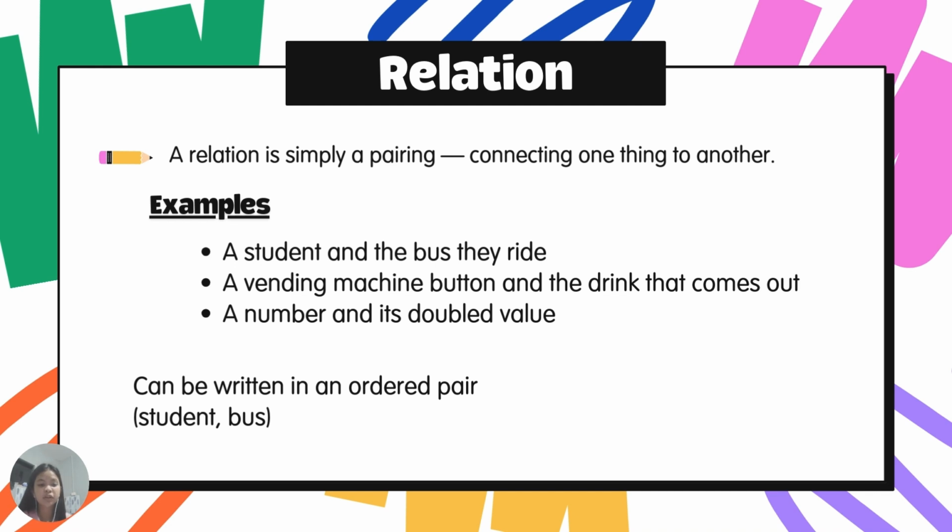We can also write a relation as an ordered pair such as student and bus. Think of a relation in your daily life. Maybe it's your favorite food and the time you eat it. That's a relation too.